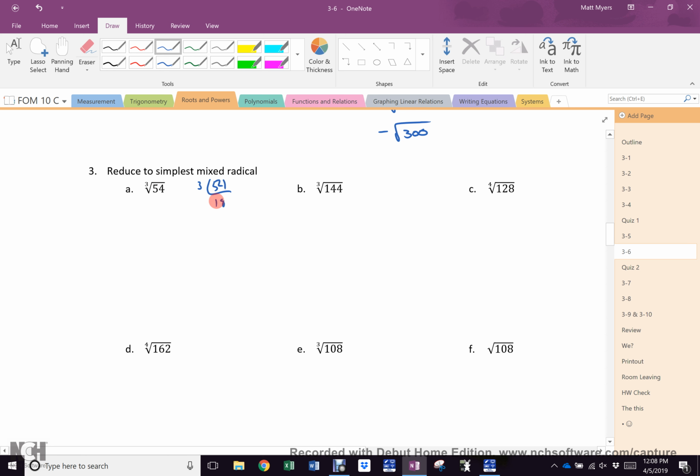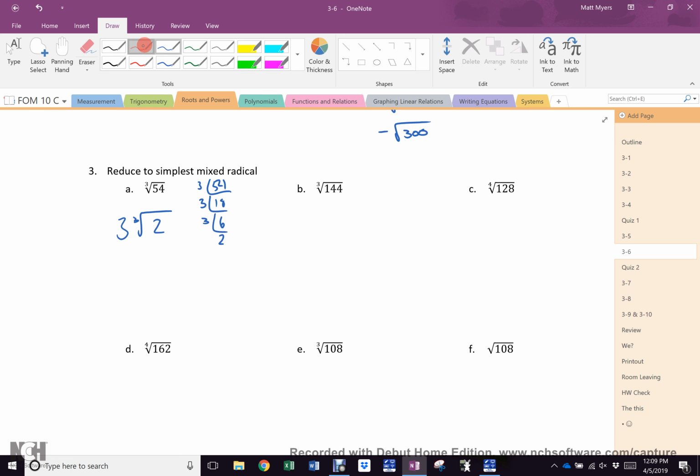That's 18. Then what? 3 again? Okay, no problem. That's 6. Then what? 3 and 2. Is there a group of 3 there? What is it? So what's coming out? 3, and what stayed under there? 2. Everybody agree?